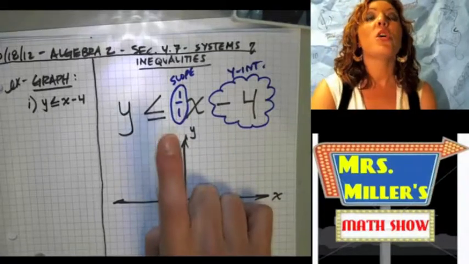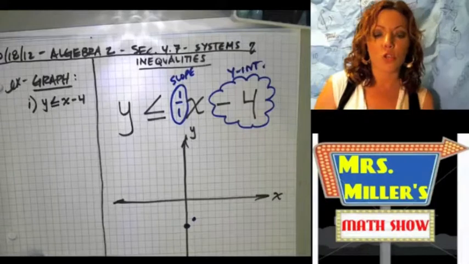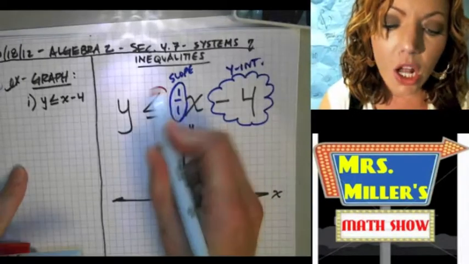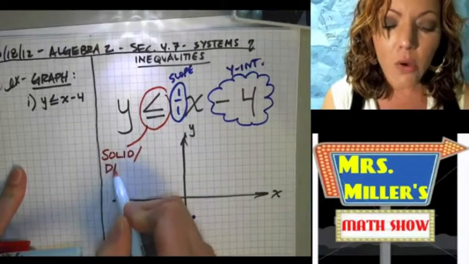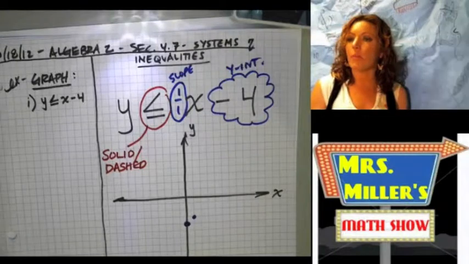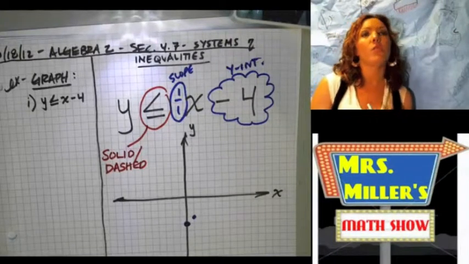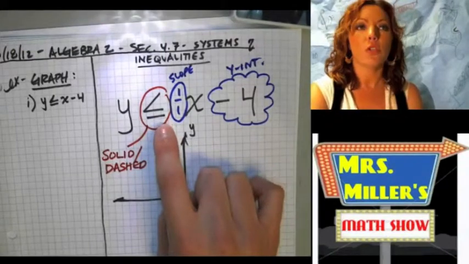Okay, so now our choice is not open circle or closed circle. Our choice is solid line or dashed line. Solid or dashed. So let's think back to shading inequalities on number lines. If it was less than or equal to, or greater than or equal to, meaning it had the line underneath, was that an open circle or closed? Shout it out.